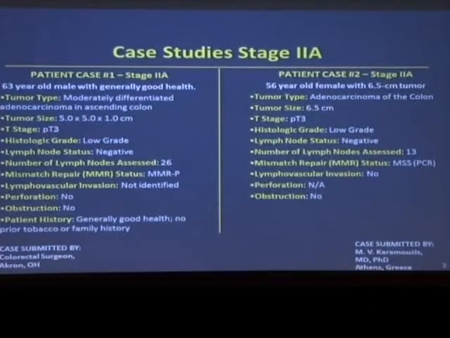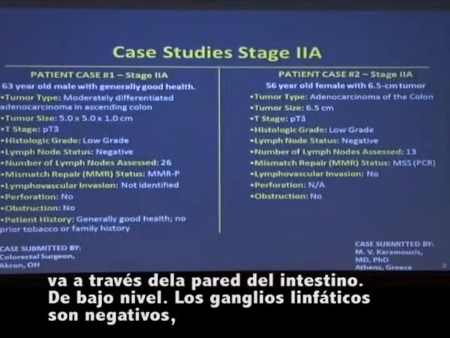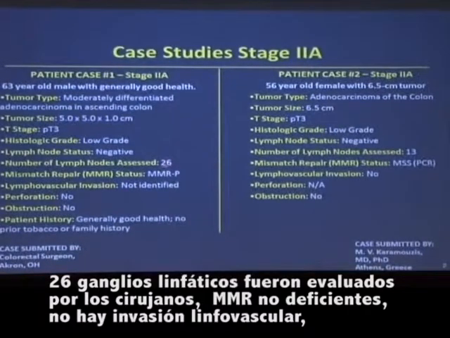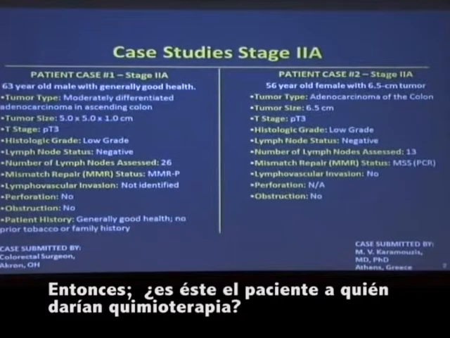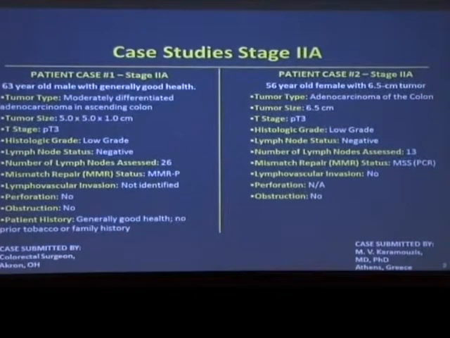It's a T3 lesion, so it's going through the bowel wall. Low grade, lymph nodes are negative. 26 lymph nodes were assessed by the surgeons. Mismatch repair proficient, no lymphovascular invasion, no perforation obstruction, no medical conditions, okay? So is this the patient that you would give chemotherapy to?